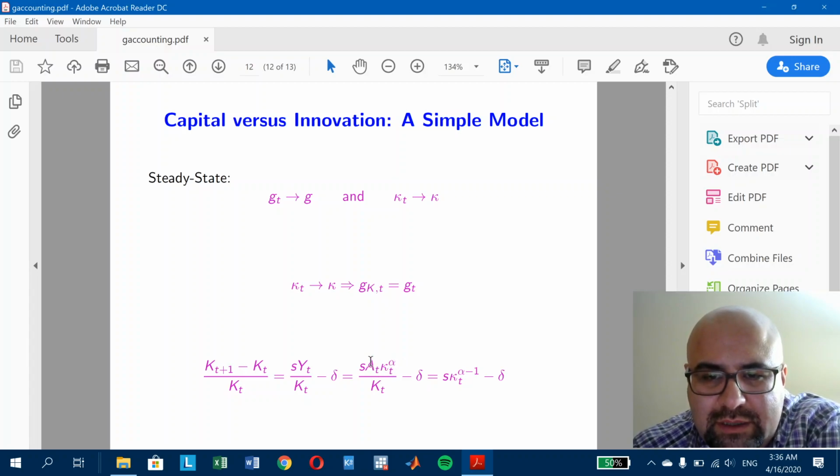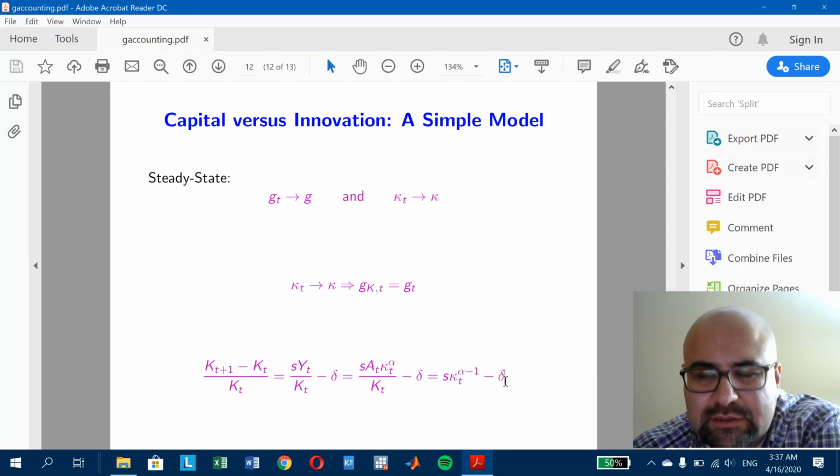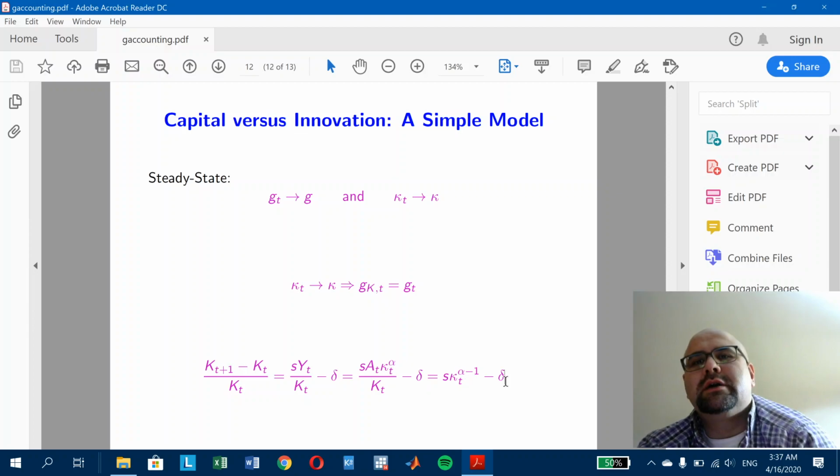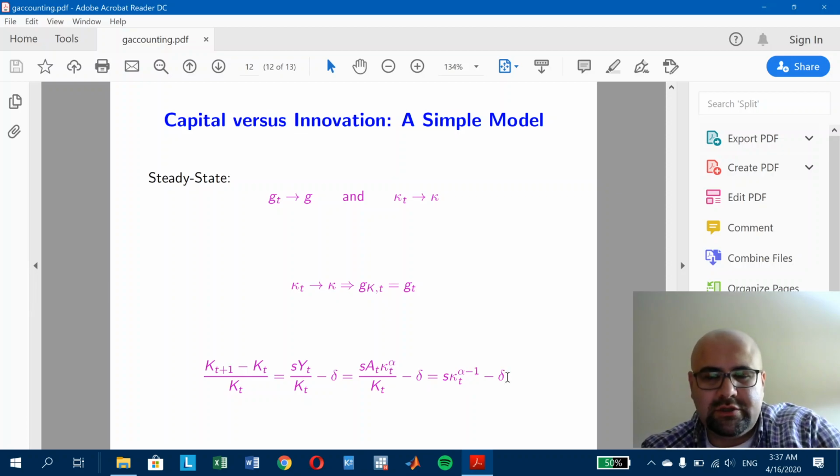A_t divided by K_t is just kappa_t to the minus 1, right? So this growth rate at any t is equal to this. Okay? So be careful here. The growth rate of capital stock at the aggregate is equal to s times kappa_t to the alpha minus 1, minus delta. Delta is the depreciation rate.